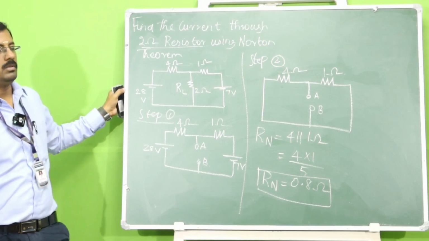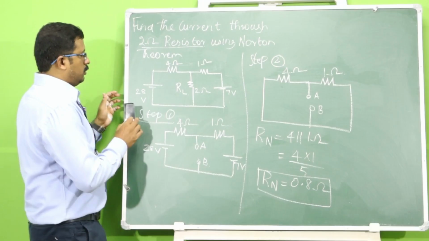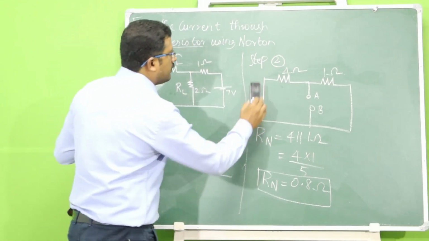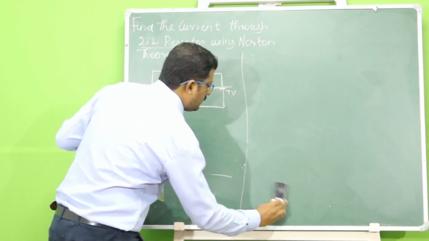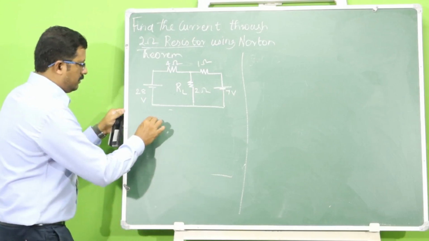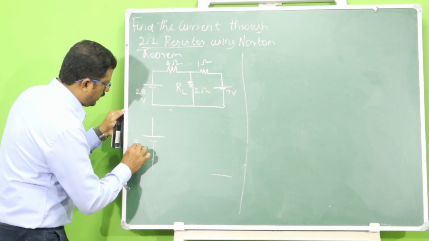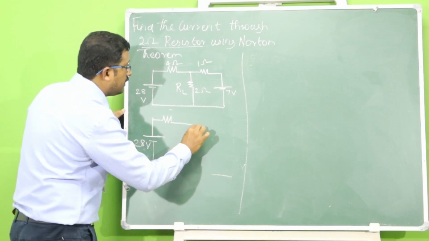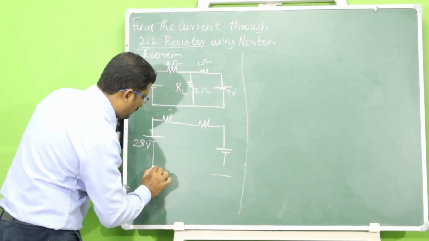Next is to find the value of Norton's current In. For that we redraw the circuit again as step number 3. So this is my 28 volt, this is my 1 ohm resistor, this is my 4 ohm and 7 volt.